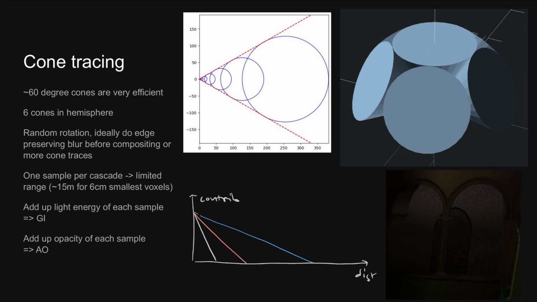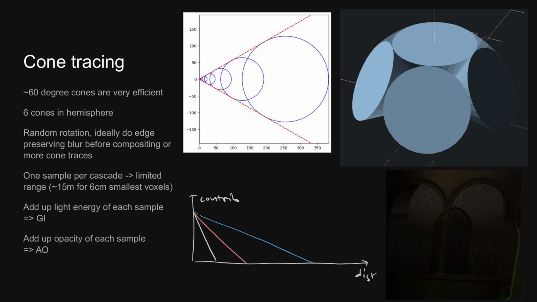You will have to do one cascade and then the next cascade and blend between them, depending on exactly how big of a sampling radius you want. These 6 sampling cones are oriented to sit on a line with the normal of the surface. And I've added a random rotation because if you don't, you tend to get artifacts that relate to these gaps between the cones.